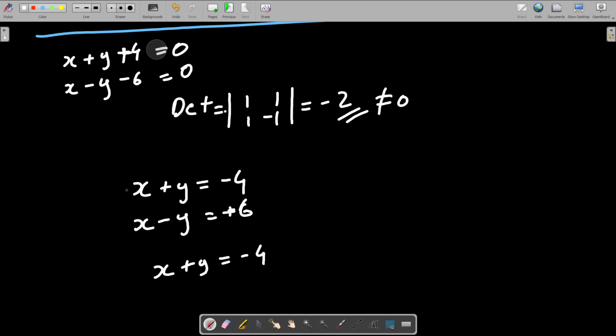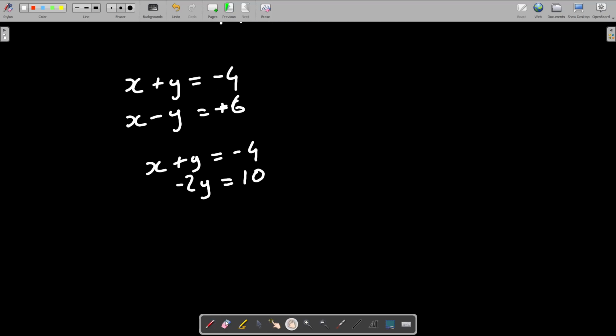This is a very easy equation, no? So subtract the first equation from the second. That will leave you with minus 2y is equal to 10 over here. So you conclude that minus 2y is equal to 10. So this leaves you with y is equal to minus 5.